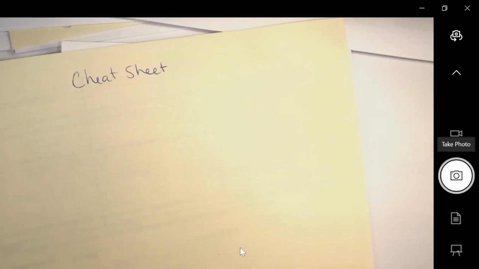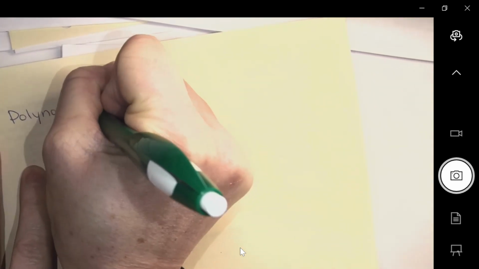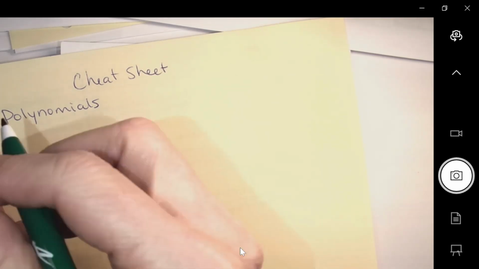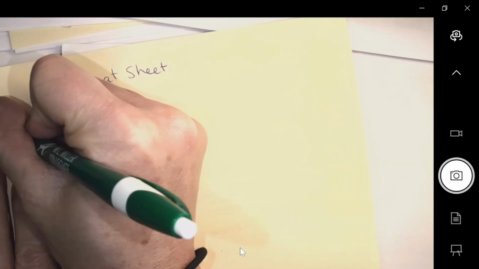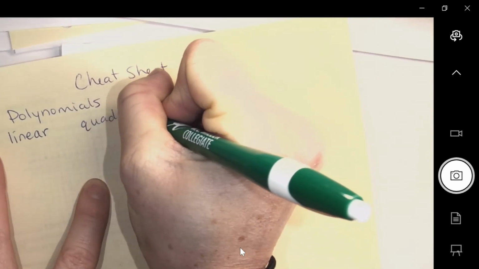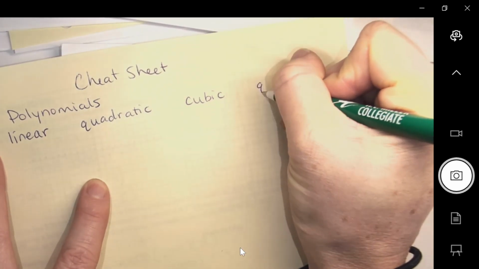Okay, so let's list all the polynomials. The names of them are called linear, quadratic, cubic, and quartic.